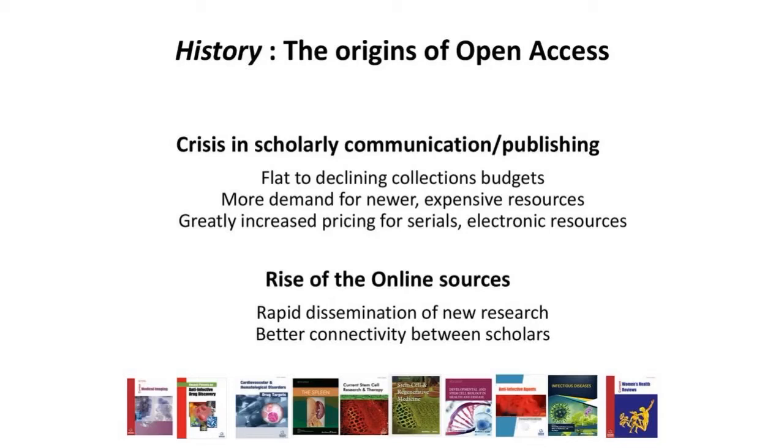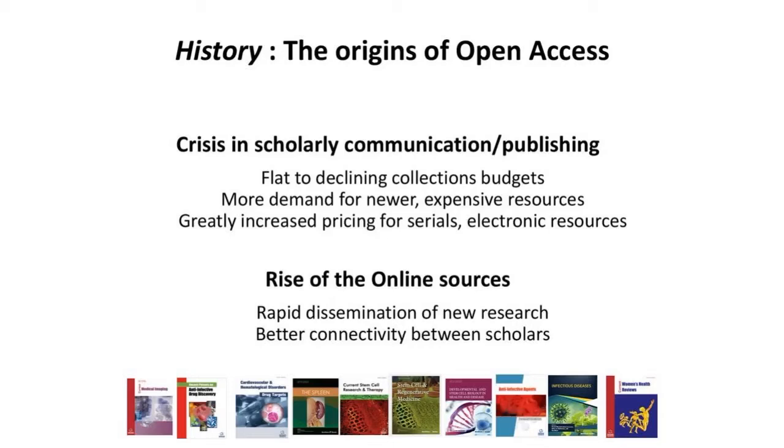So of course, researchers moved on this. They went into the open access, open research movement, and we started to see a rise in those online sources, rapid dissemination of new research, and of course, the internet. I don't need to tell you this.